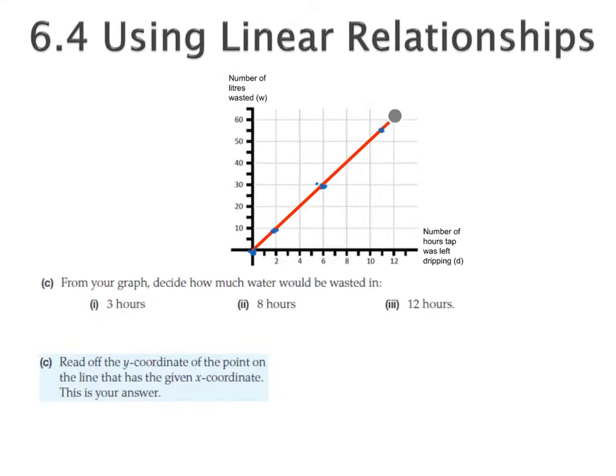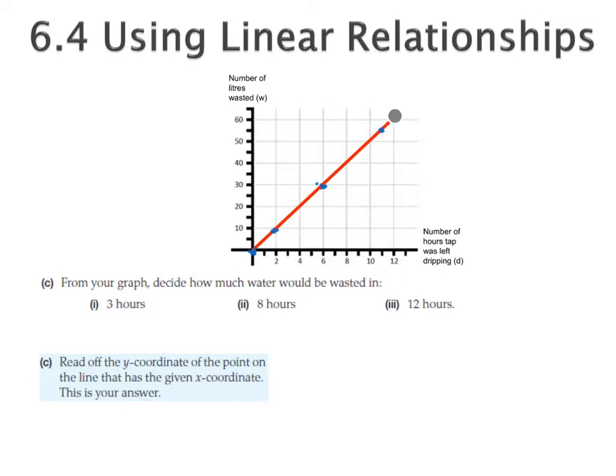Okay, this question here is asking us to use the graph to decide how much water would be wasted in 3 hours, 8 hours and 12 hours. And this is just a straight intersecting graph one. So if I look at this axis here, it tells us the number of litres wasted. So this is going to be the axis that gives us our answer. And this one over here tells us the number of hours. So the first thing I need to do is look at the 3.